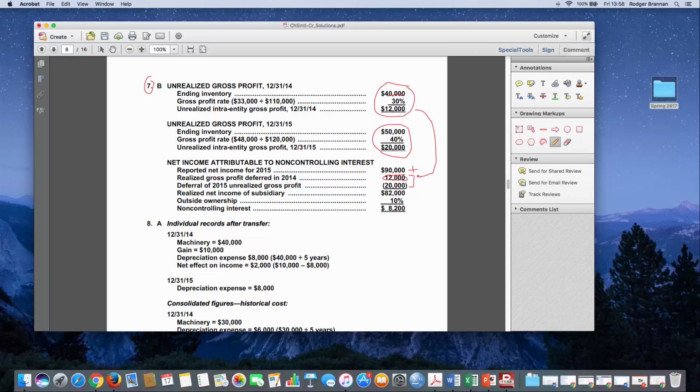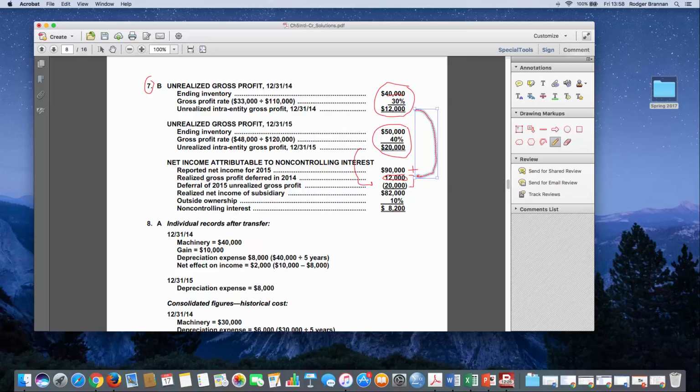So starting with the $90,000, I would then add back the $12,000. However, the $20,000 is assumed to be deferred. And in fact, I'm going to add to my cost of goods sold. What they tell you is that $50,000 of inventory was not sold, and the gross profit rate, at least in 2015, is the 40%.